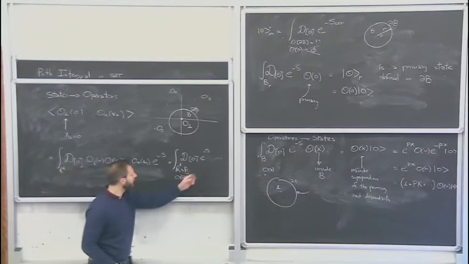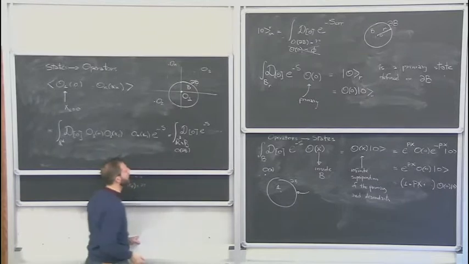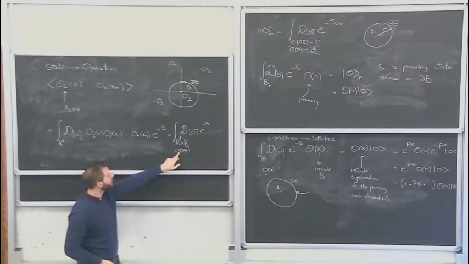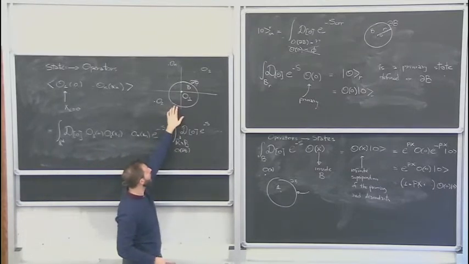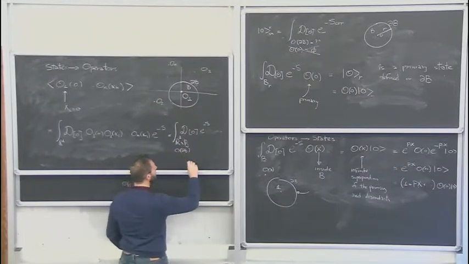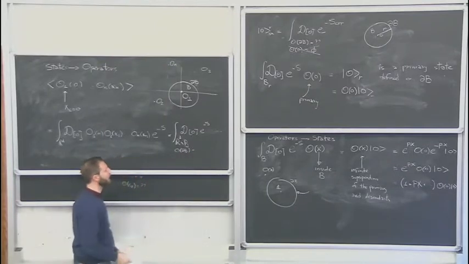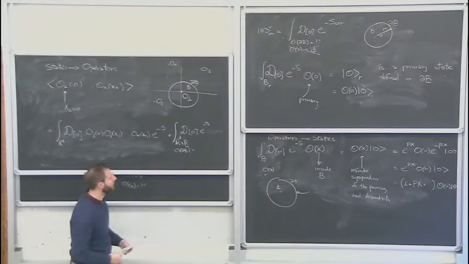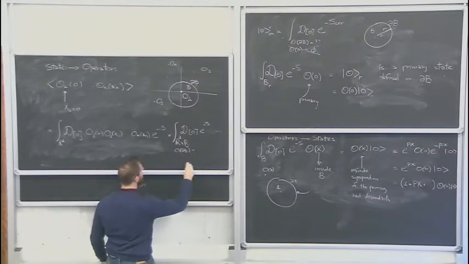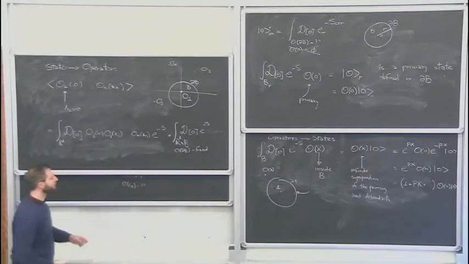Let me not write because it won't fit. So now we have the condition that on the boundary here, we have a boundary condition defined on the boundary of the sphere, and this boundary condition can be such that, if you want the state, the value of the operator on the boundary has to reproduce some state. Okay, fixed.